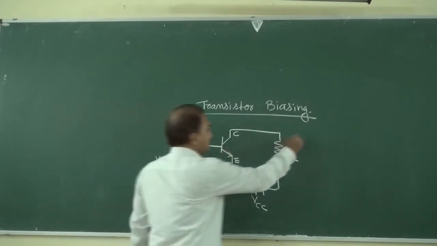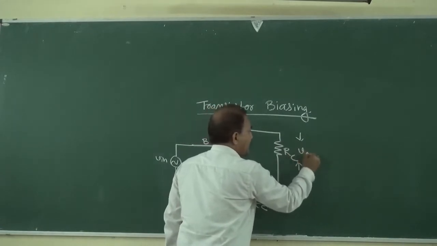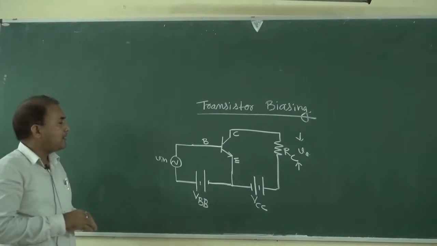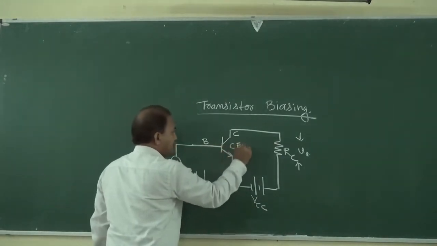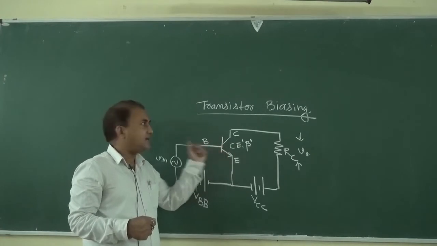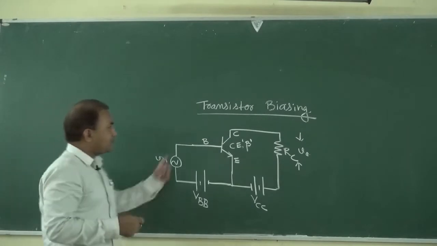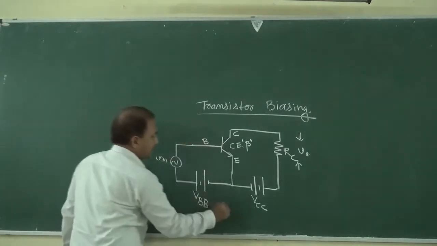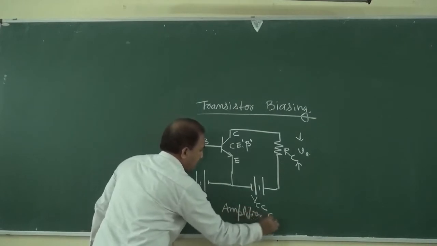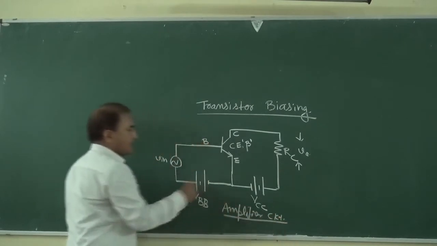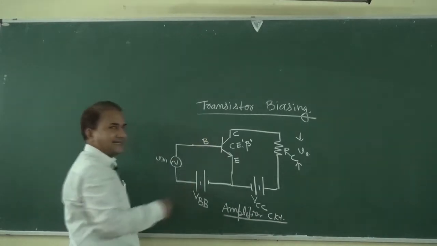This is the resistor across which we will get V out. Since this is in common emitter configuration, its current amplification factor is beta. This is an amplifier circuit using a common emitter mode BJT transistor.